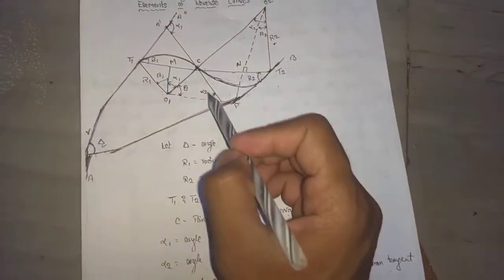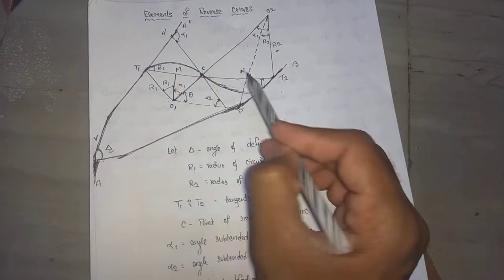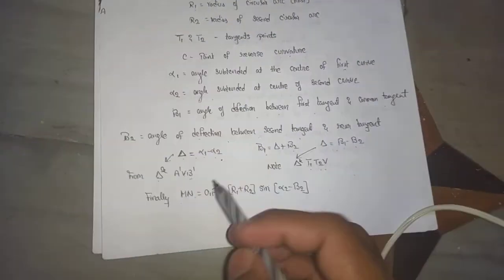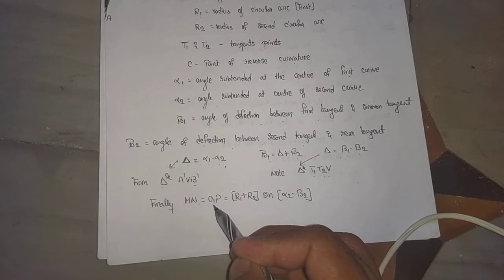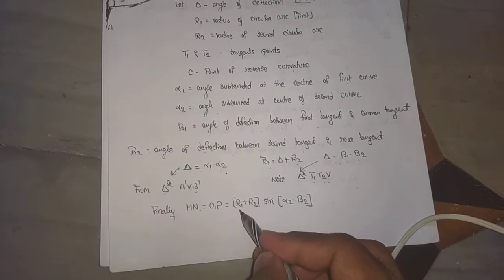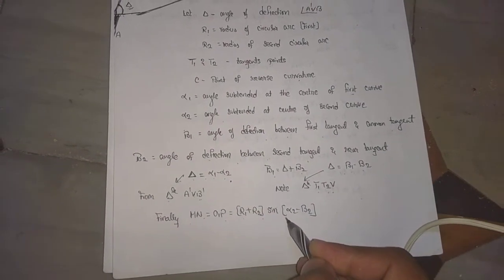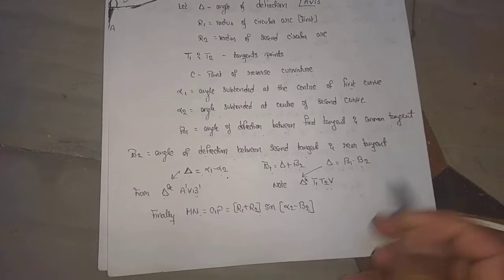Finally, with points M and N, we get M1 equals O1P, which is the formula (R1 plus R2) into sin(alpha 1 minus beta 2).